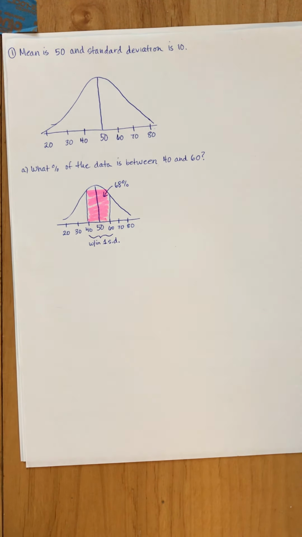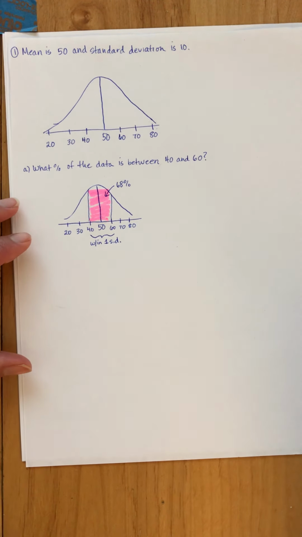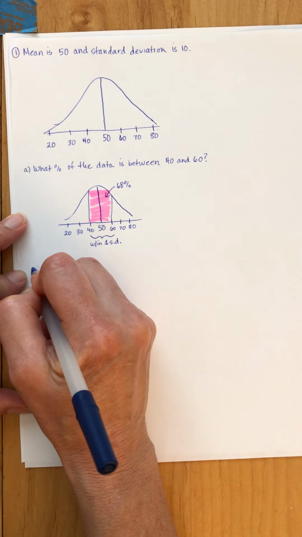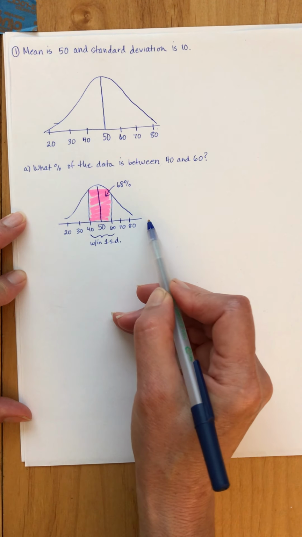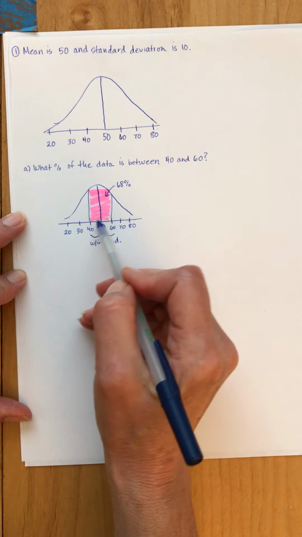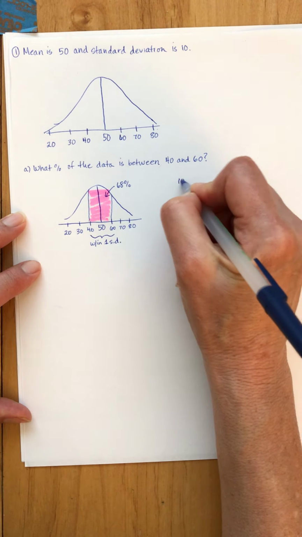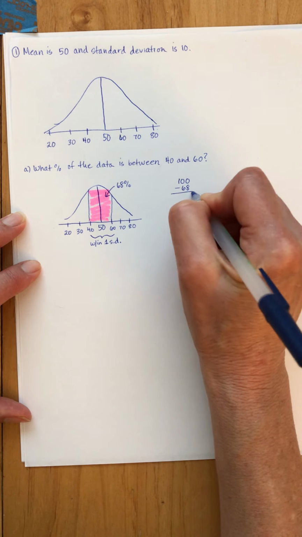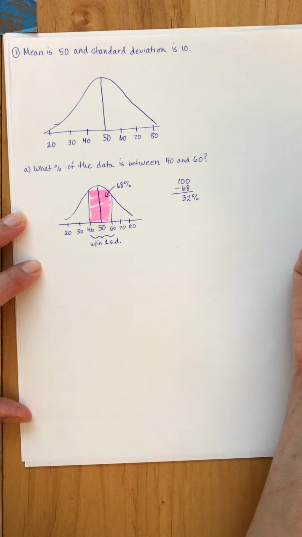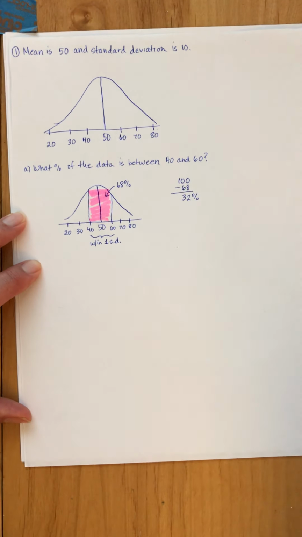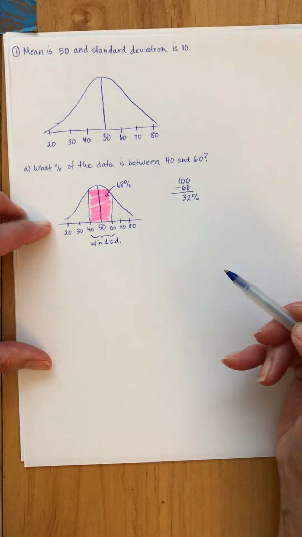Now let me ask you a question. What is the unshaded part of the graph? Suppose I ask what was below 40 and above 60. If this part is 68, what's left over for the other part? 100 minus 68, isn't that 32? So we have 32% left over for the 2 tails. The unshaded area would be 32.